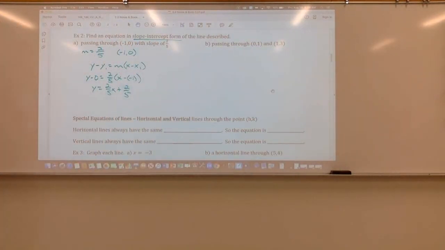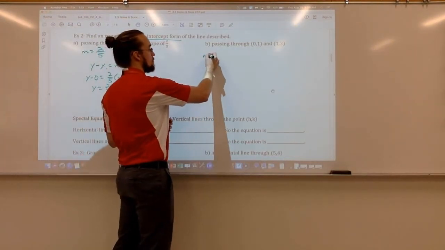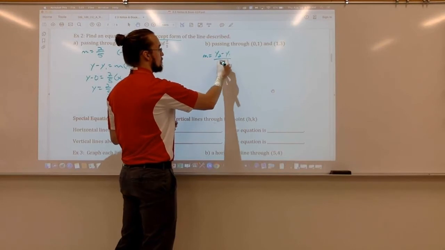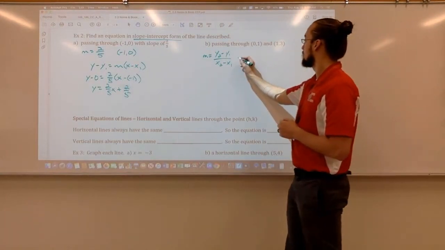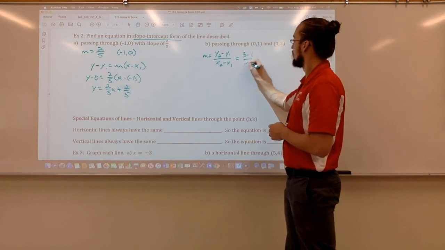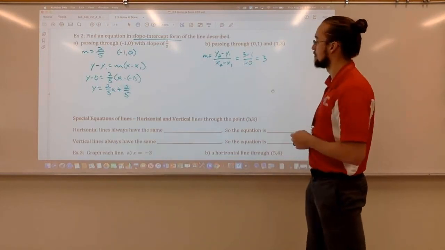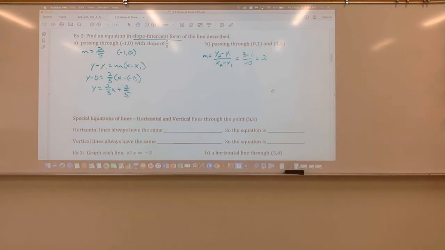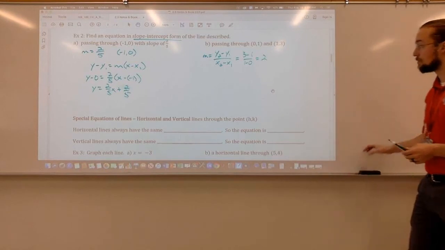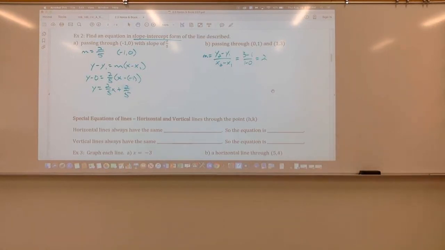Find me the slope between those 2 points. You get 2.